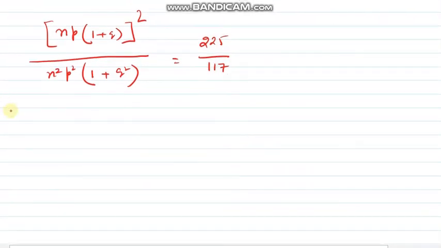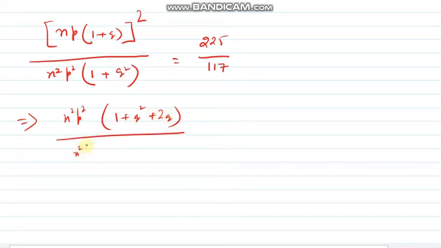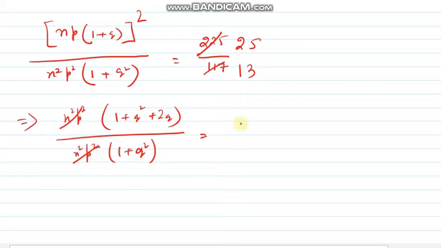Next, if I open the bracket, n square p square (1 plus q square plus 2q) divided by n square p square (1 plus q square). If I simplify it by 9, it will be 25 divided by 13.